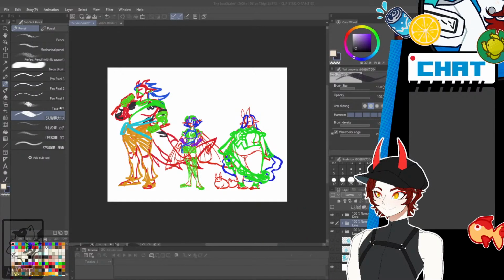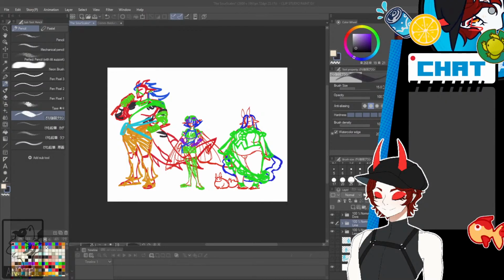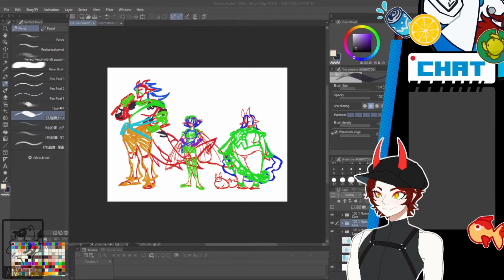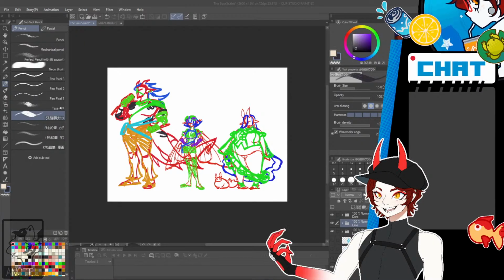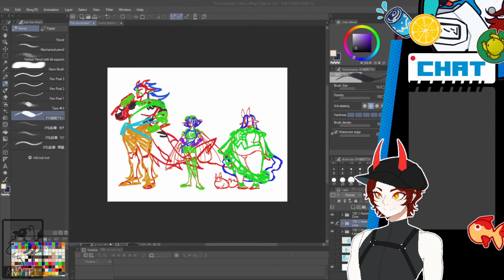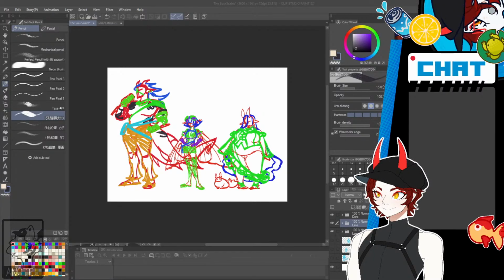Interesting. Oh my god, there's an entire family tree. What an amazing species the lemon is.